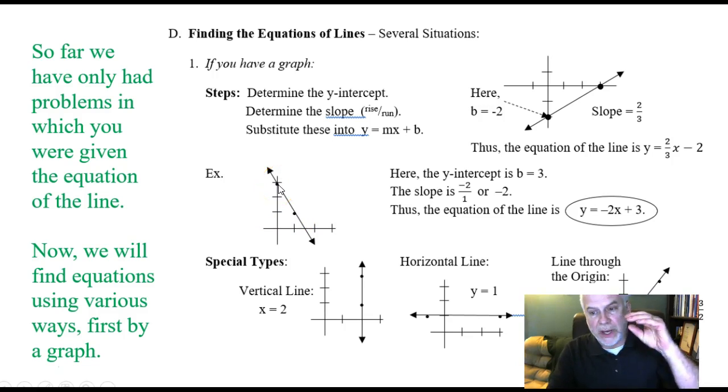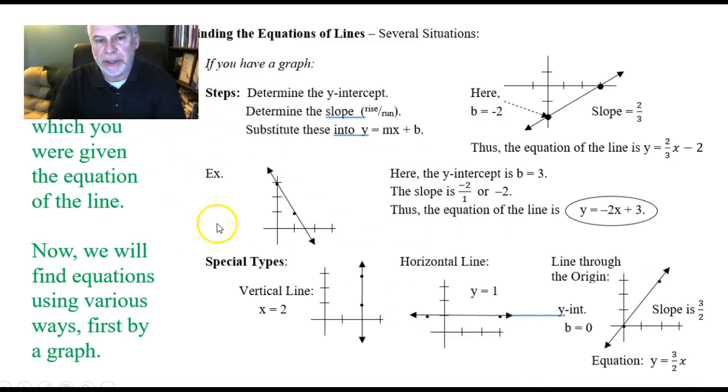So the slope then is -2 over 1. And so that's where I got slope is -2 over 1 or -2. So if the slope is -2, I can just plug that right into the location where the m goes. So y equals -2x plus 3. All right.